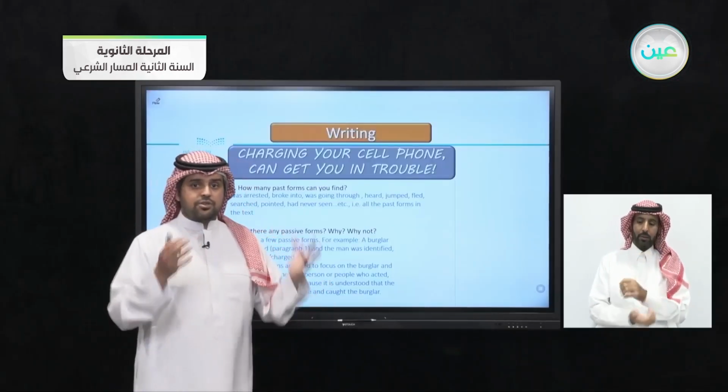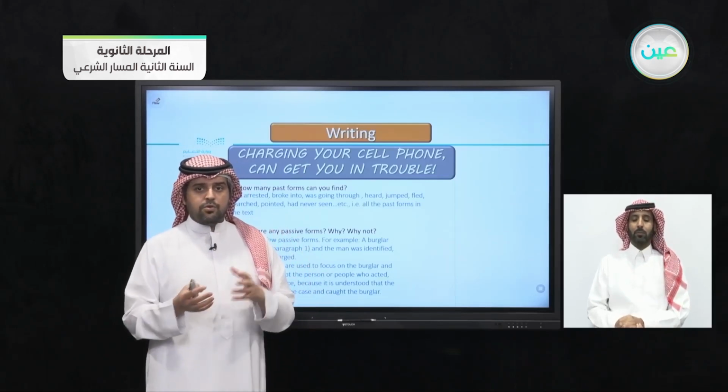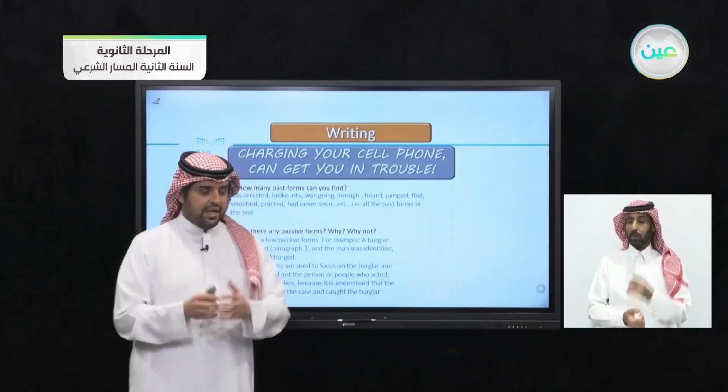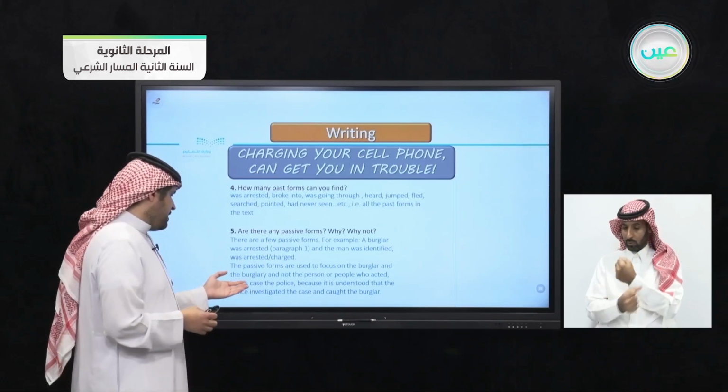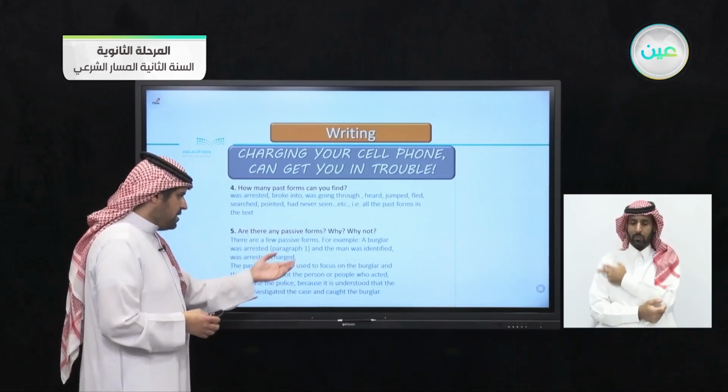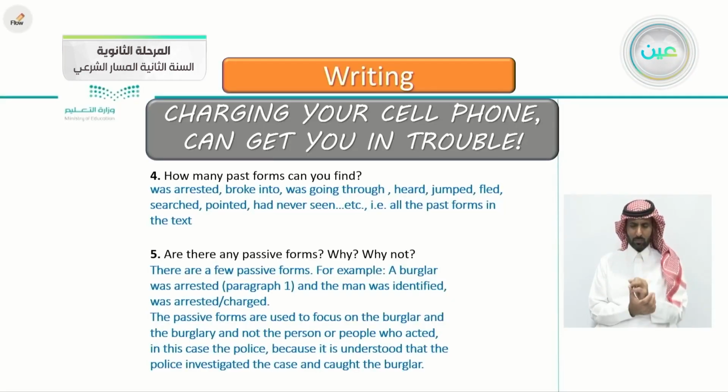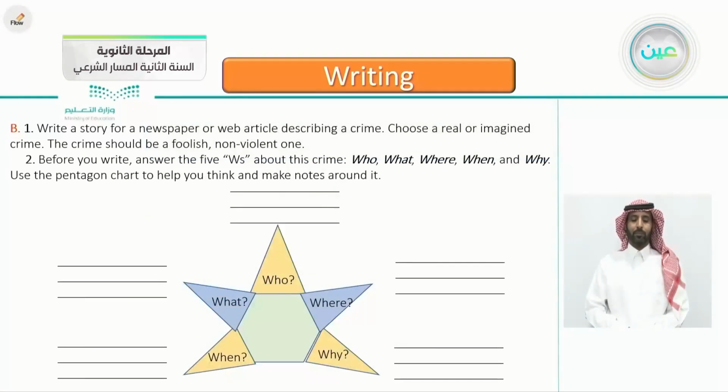It's very understood that the people who catch burglars are the police. So sometimes in the passive forms, the doer or the person who acted is very obvious.